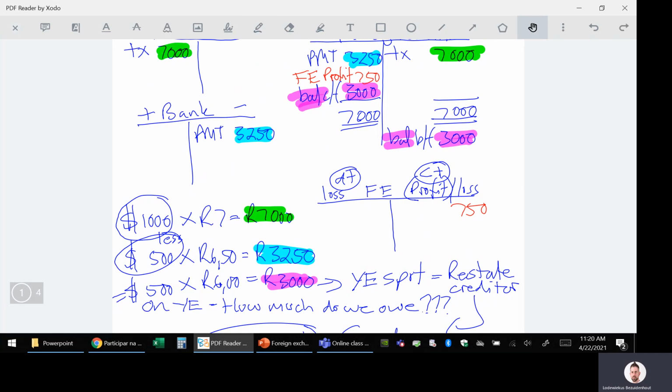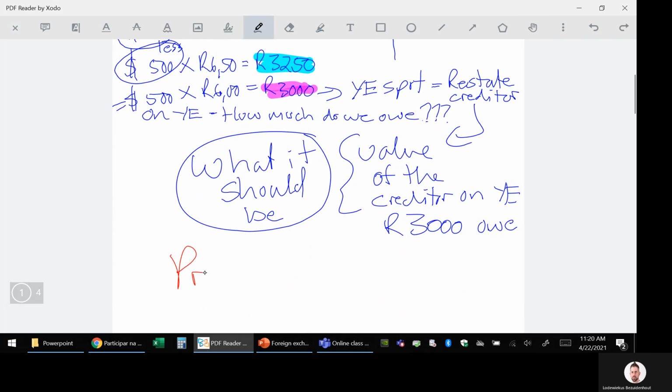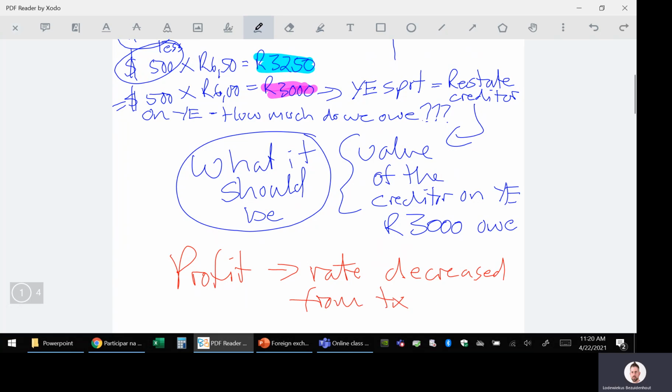And why is it a profit? It is a profit because the rate decreased from the transaction date to the payment to the year end.